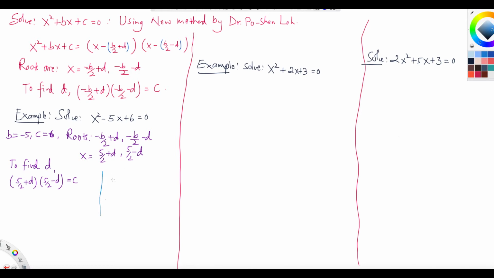There is a formula in algebra: a plus b times a minus b equals a squared minus b squared. How do I do that?